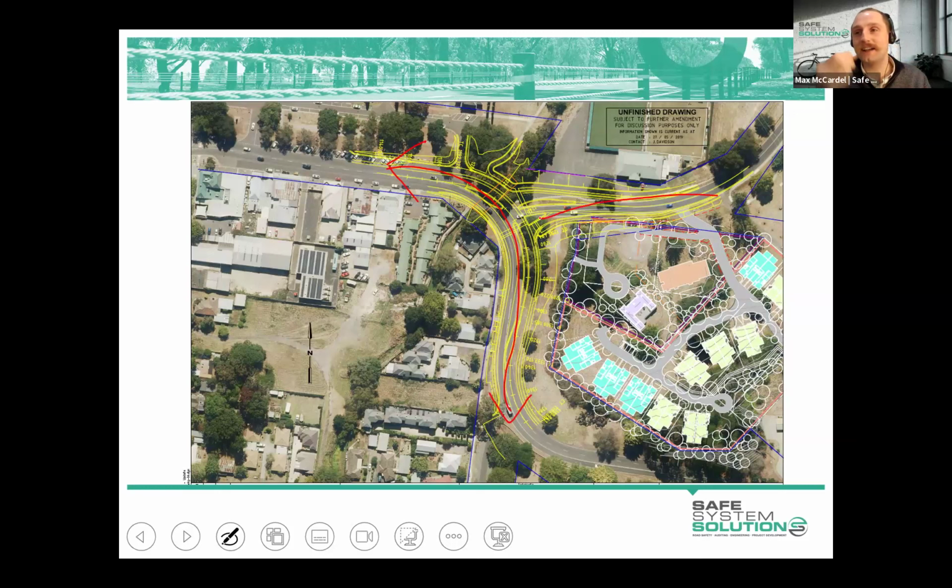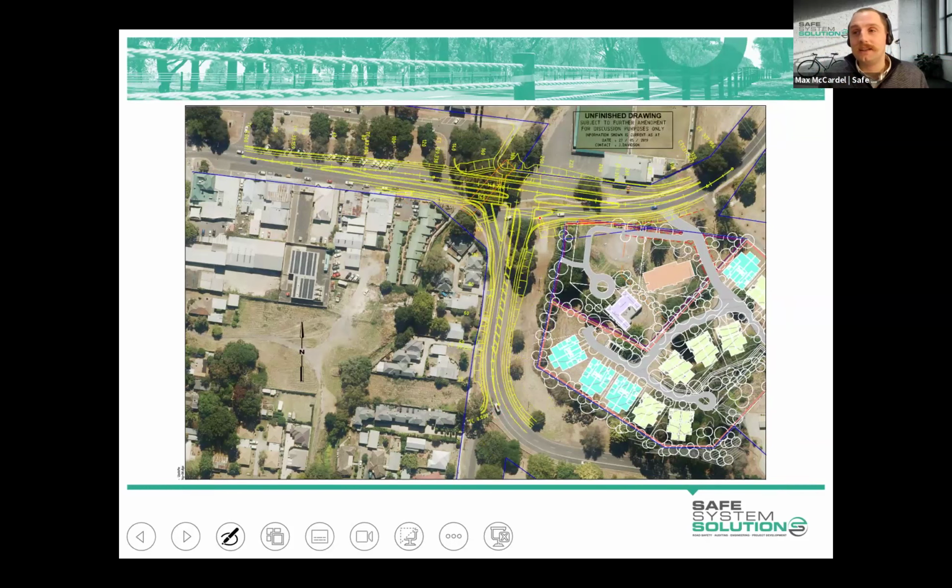So it's still maintaining that curve basically, but that one is signalized. 3B was a more conventional T intersection. So you can see that that leg has been straightened up, and now we've just got a conventional T that has been signalized.